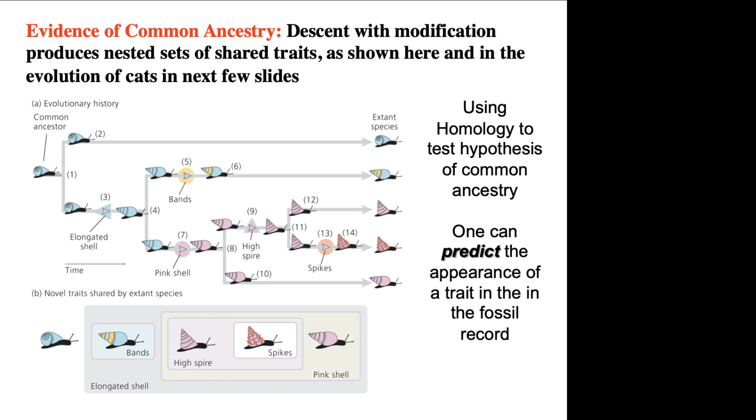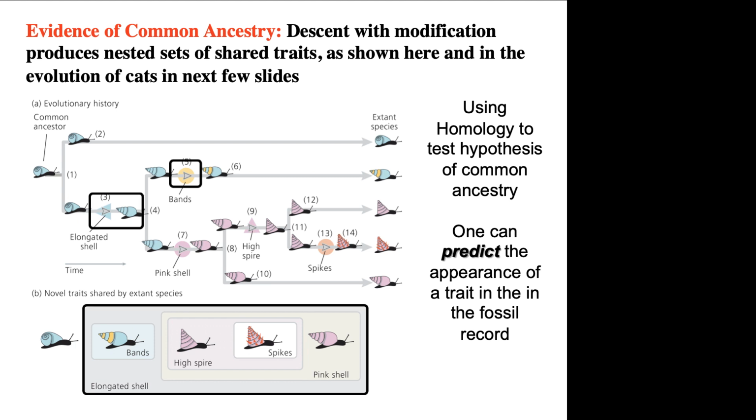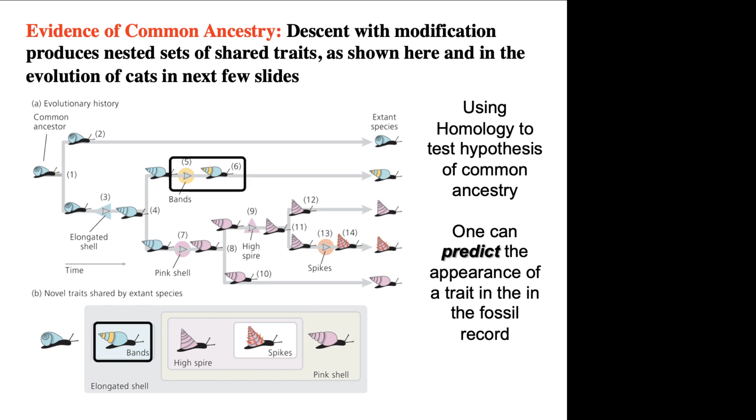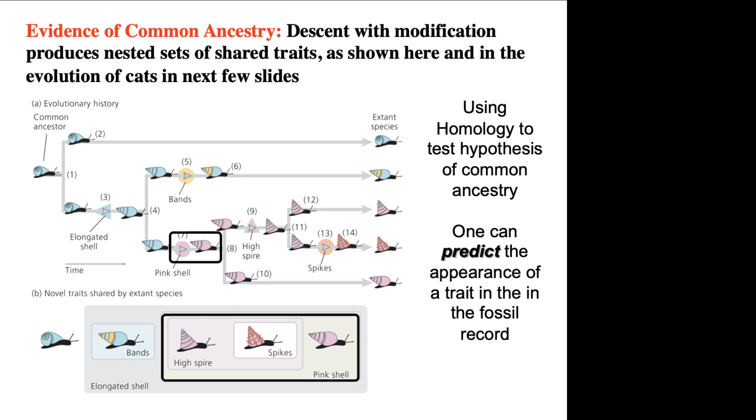So here's a little hypothetical example of that, where you have snails starting with an ancestor, and then at some point in time there's a variant with elongated shells, and then a variant with bands. Another line becomes pink, so everything beyond that is pink.